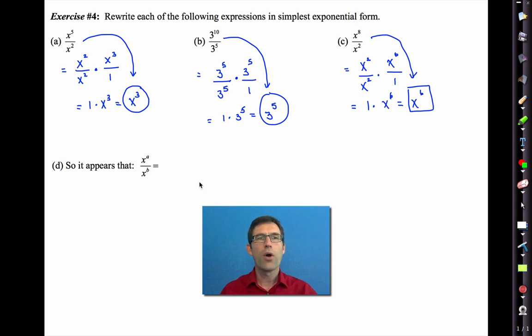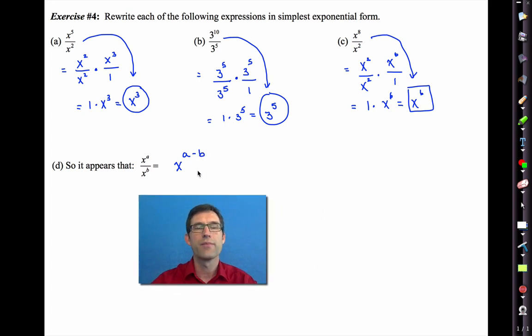All right, well, hopefully what you saw is that I'm always subtracting. Now, subtraction is not commutative. So please note, it is always the power of the numerator minus the power of the denominator. So in other words, x to the fifth divided by x to the second is x to the 5 minus 2, or x to the third.